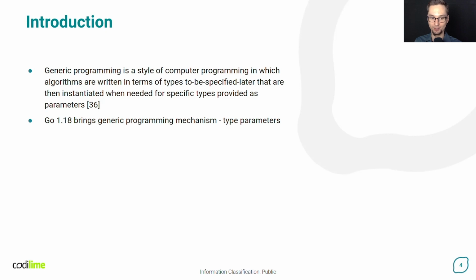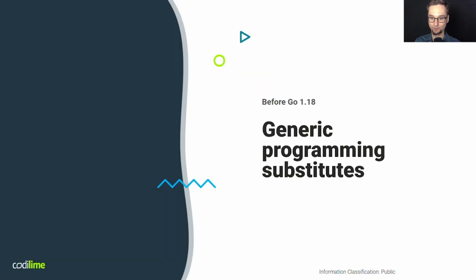Go 1.18 brings a generic programming mechanism, which is type parameters. Before Go 1.18, Go programmers used multiple, let's say, techniques to write logic that operates on multiple types.